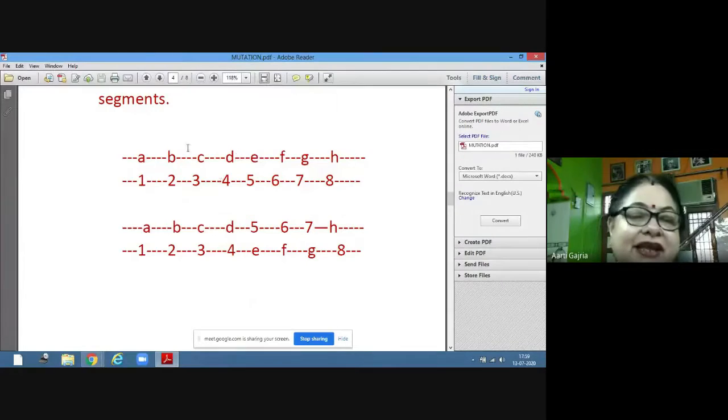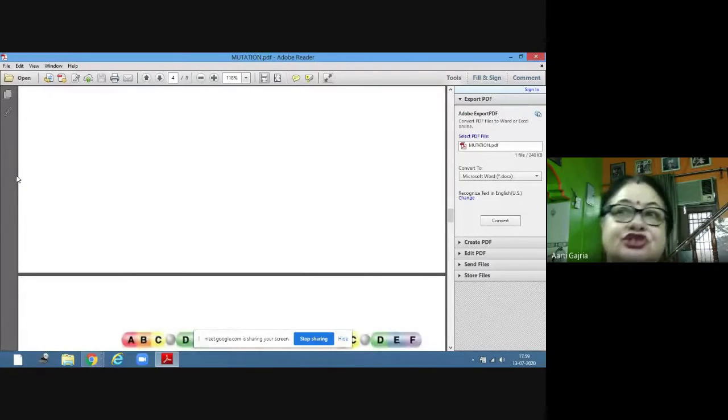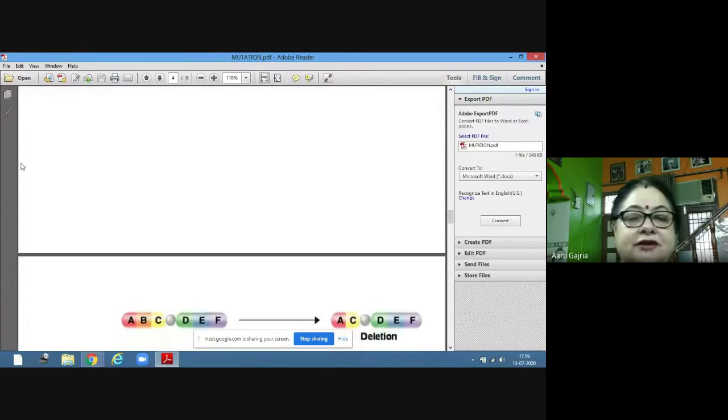Both are getting exchanged. So now the resultant sequences would be A, B, C, D, 5, 6, 7, H, and 1, 2, 3, 4, E, F, G, and 8. So changes have occurred because of the reciprocal translocation. This is how the changes in the morphology of the chromosome occur.